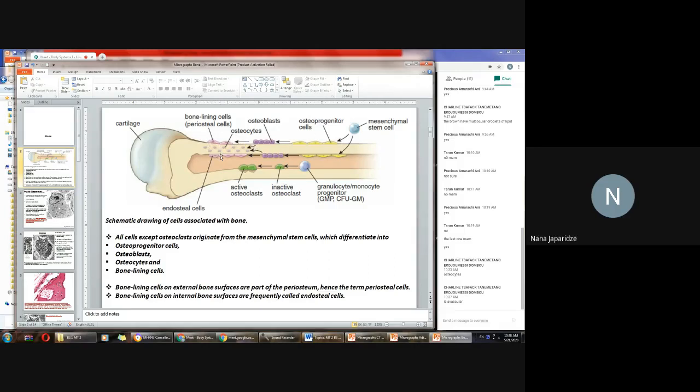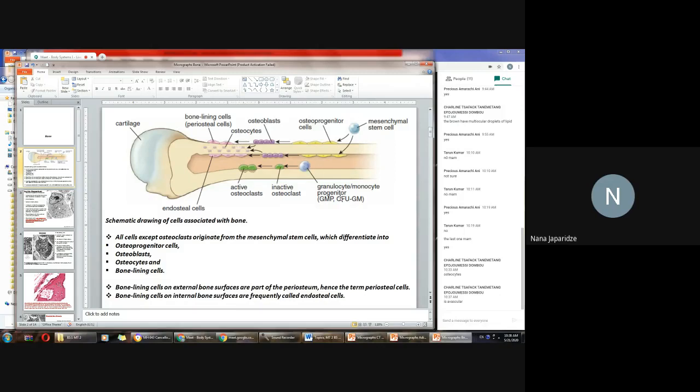So what is the difference between the periosteal cells and endosteal cells? They are allocated on different surfaces of the bone. Yes, periosteum is on the outer surface, endosteum lines the inner surface of the bone. They are derived from mesenchymal cells, together with the osteoblasts and osteocytes.